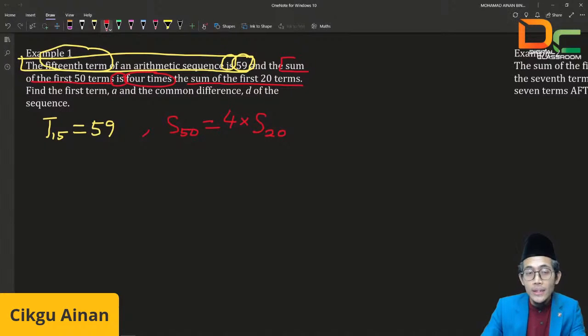So we already changed the complicated English sentences into a simpler maths sentence. From here we have to find the first term A and the common difference D.